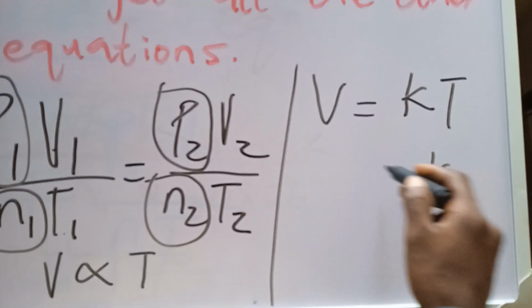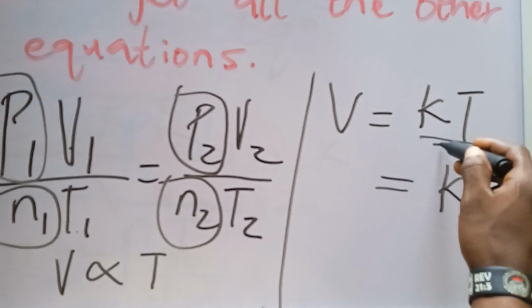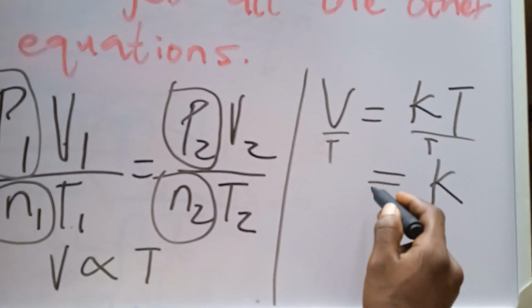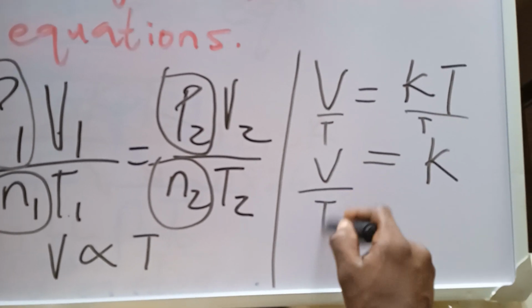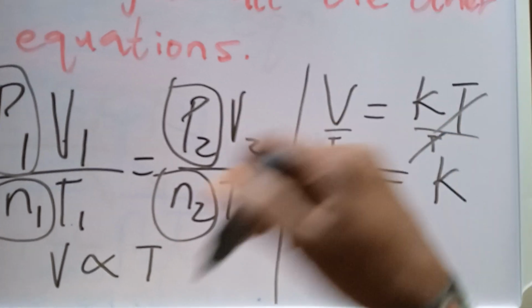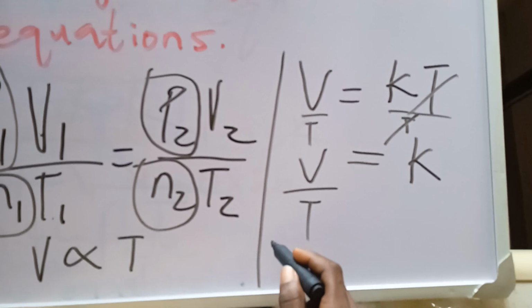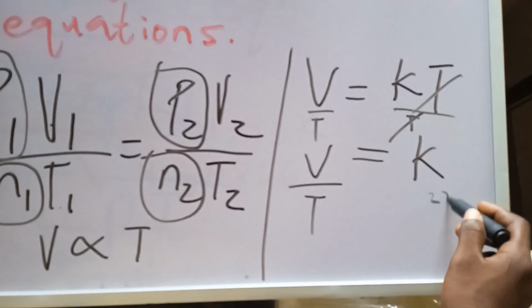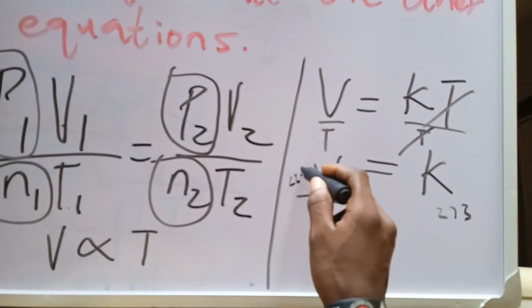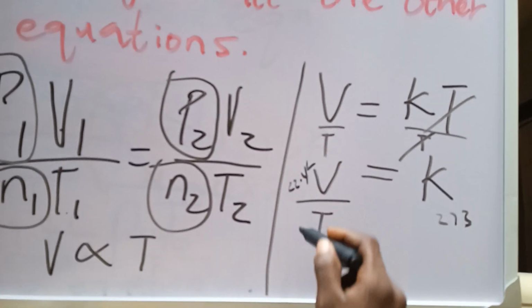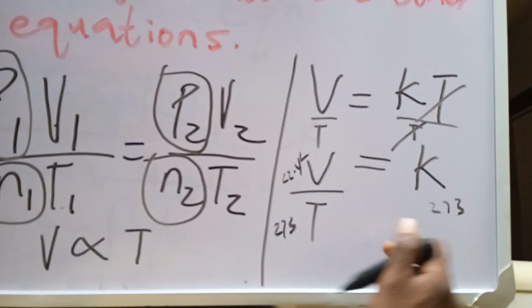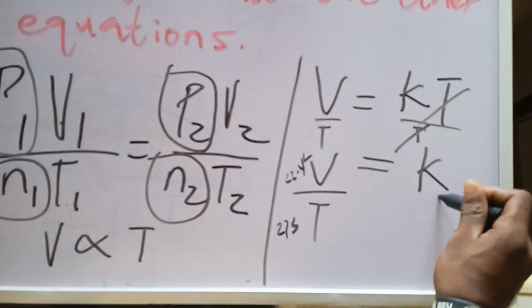Making K the subject of the formula, you divide both sides by T, so that K becomes V all over T. And at standard temperature and pressure, this is 273, this is 22.4 liters, this is constant.